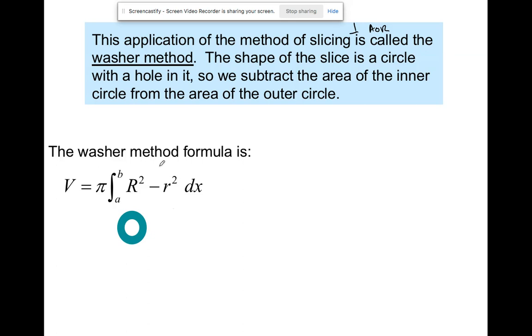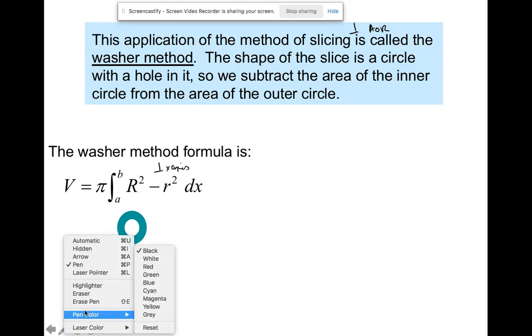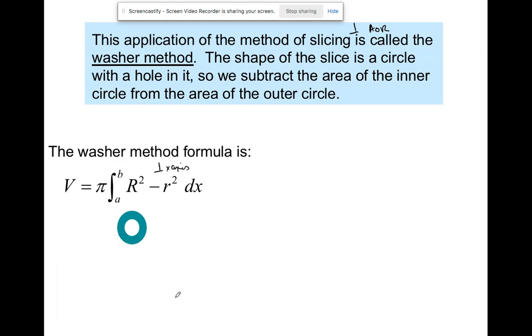If you are slicing perpendicular to the x-axis, but you have space between your shape and the axis of rotation, you're doing your washer method.